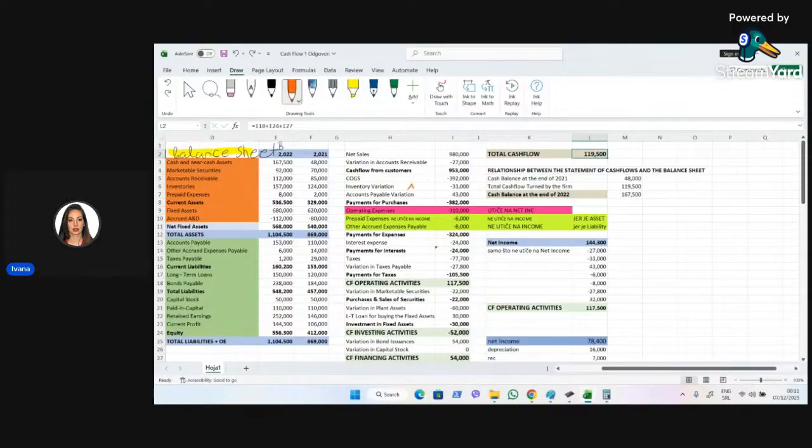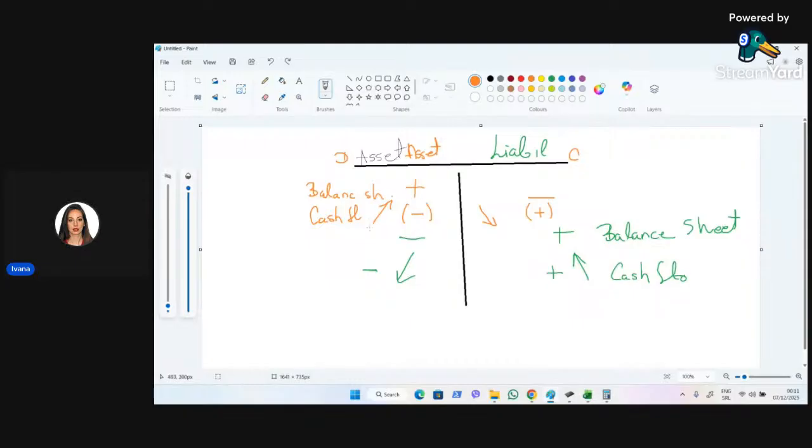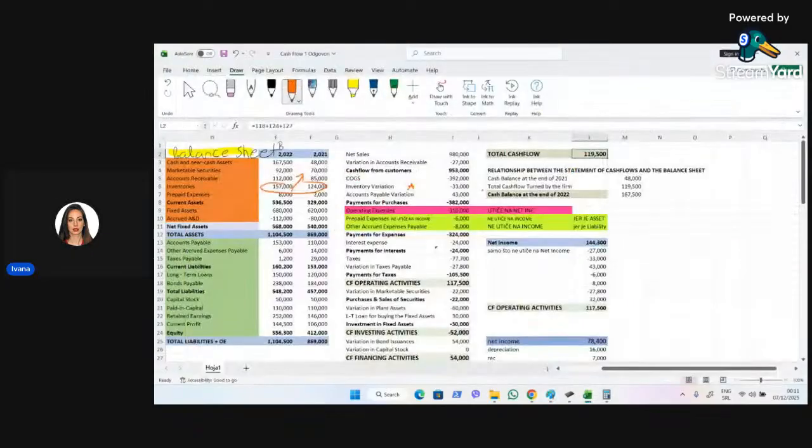Inventory variation, it's an asset. Here is inventory, it's rising, and according to our funnel, when it's rising, it's negative. Rising, negative. So why is this negative? Inventory was less in the previous year.